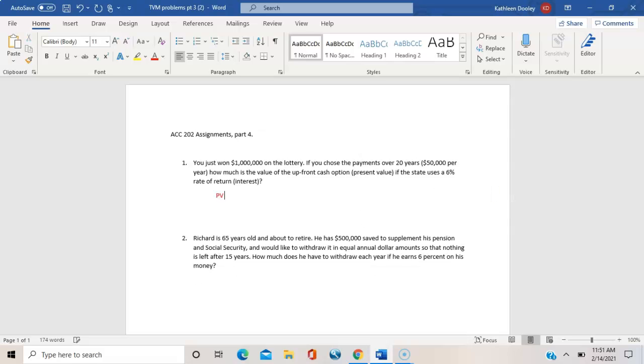We're going to use PV equals R times, and here we do have a table for this, and that is table 5. Okay, so PV equals 50,000.